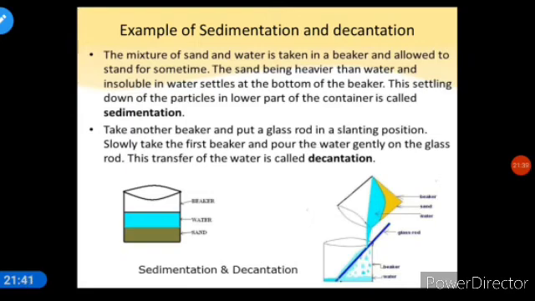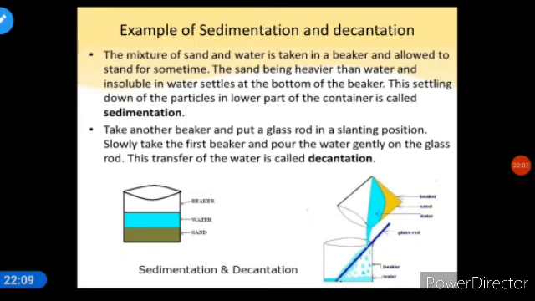You can see in the first diagram where one beaker is there. In that beaker, what do we make? A sand and water solution. After we allow it to stand for some time, what happens? The sand layer is deposited at the bottom of the beaker and the water layer separates because water is lighter than sand. That's why sand is settled at the bottom and water is on top.